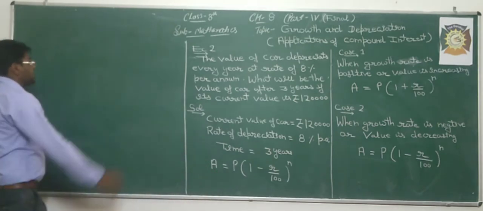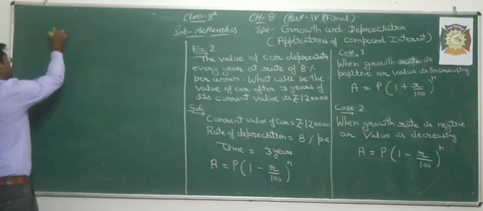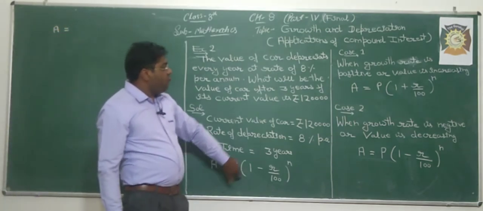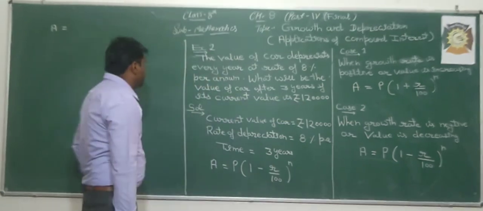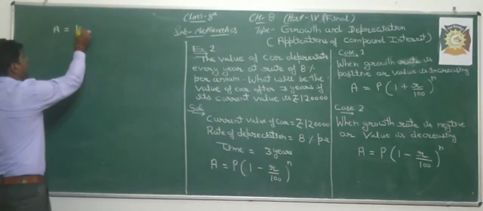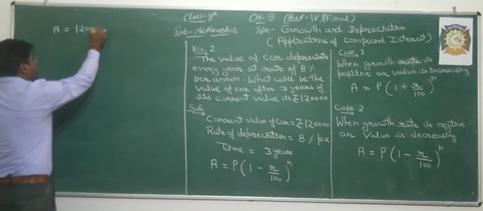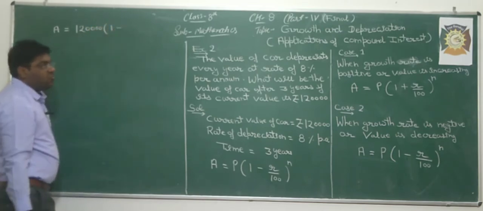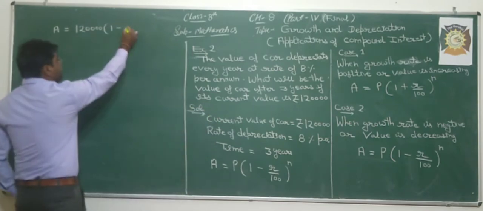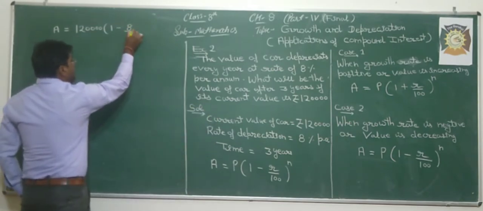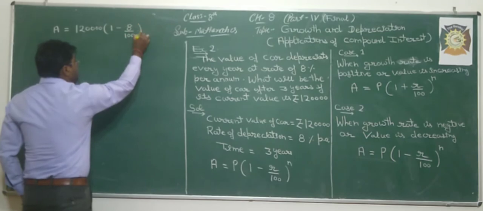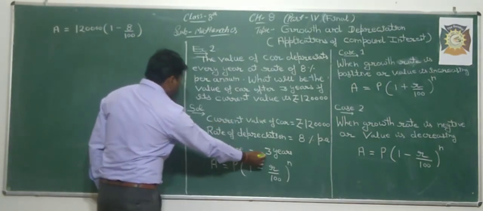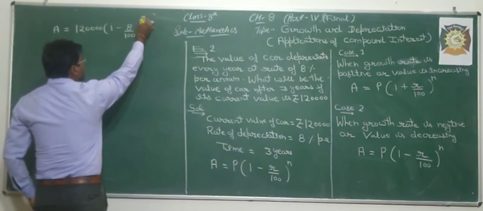P is given, that is 1,20,000 into 1 minus 8 upon 100 raised to the power n. N means time, and the time here is 3 years, so we write 3.